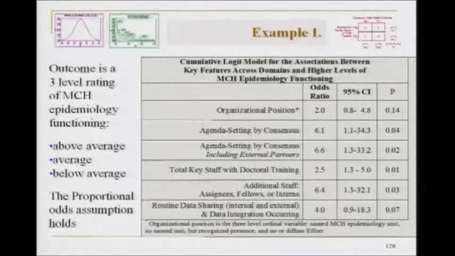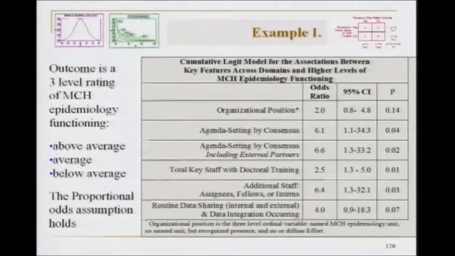This was just numbers of staff. So yeah, is it for every additional staff person with doctoral training is associated with 2.5 times the odds of being in one of the higher two, in a higher category of functioning.